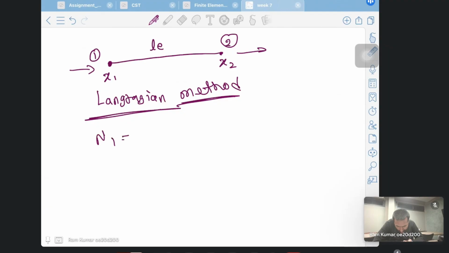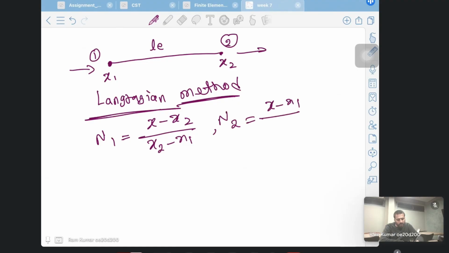So N1 equals (x minus x2) divided by (x1 minus x2). Similarly, what will be N2? N2 will be (x minus x1) divided by (x2 minus x1).